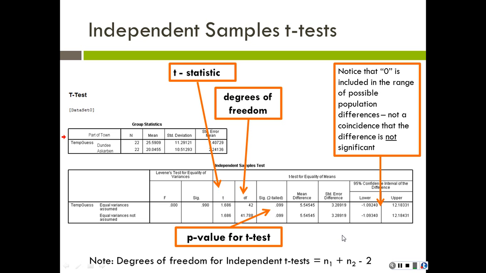We found our answer. It's 0.09, so it's not significant. That's our answer. We went through all that to say the Exarban classroom and the Dundee classroom did not have significantly different guesses. I know, you go through all of that. But that's the answer.